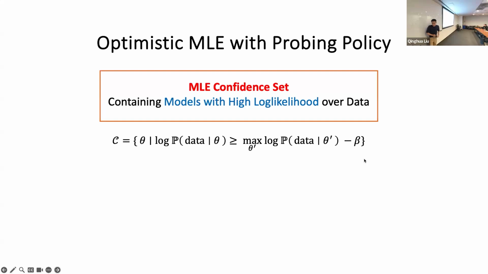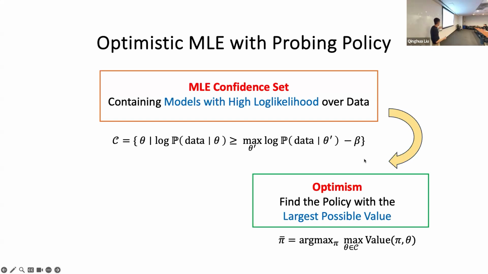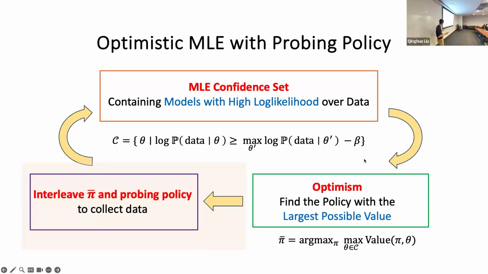Similarly, we can use the same algorithm with minor modification to solve multi-step observable POMDPs. The first two steps are still the same. You construct the model confidence set, which contains all the reasonable estimates, and then you pick some policy which has the most optimistic return.